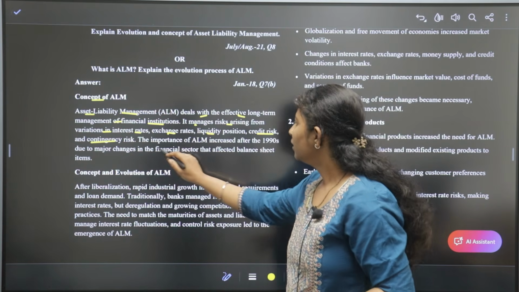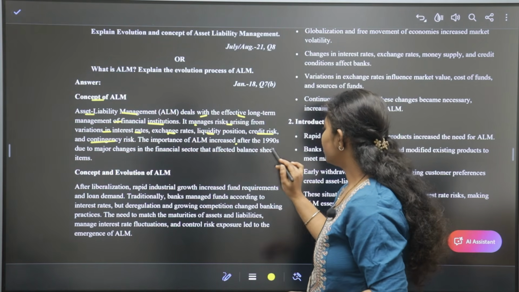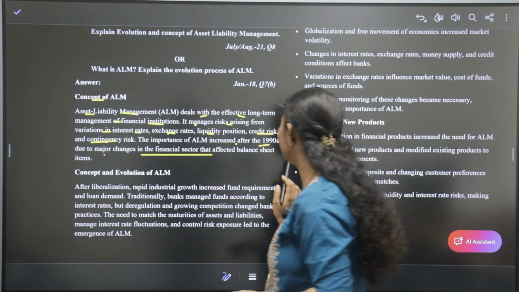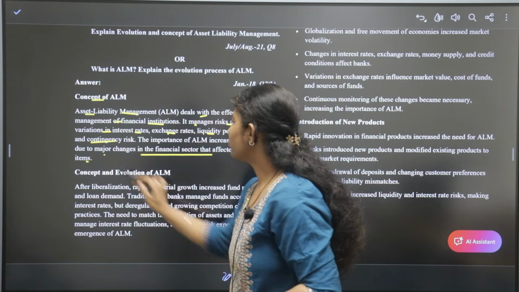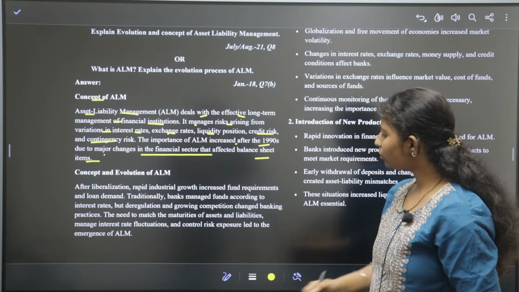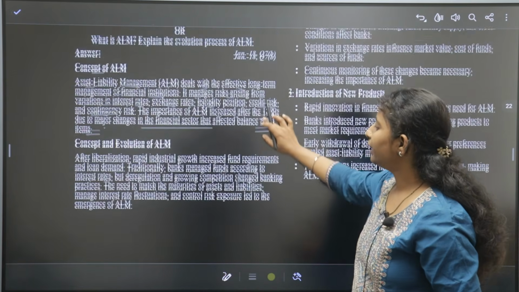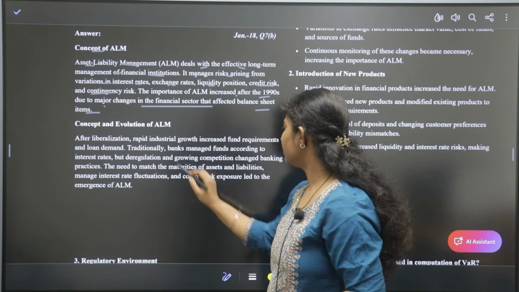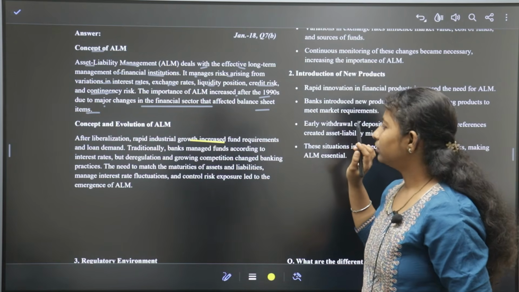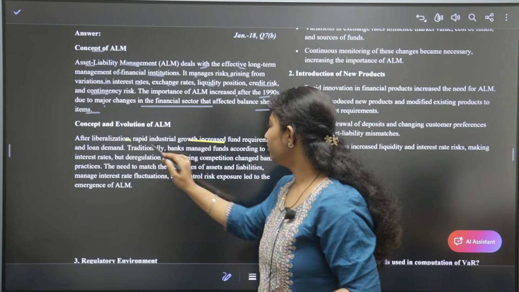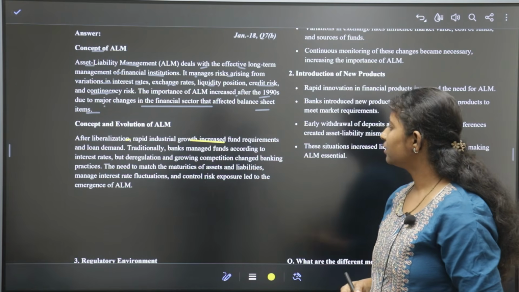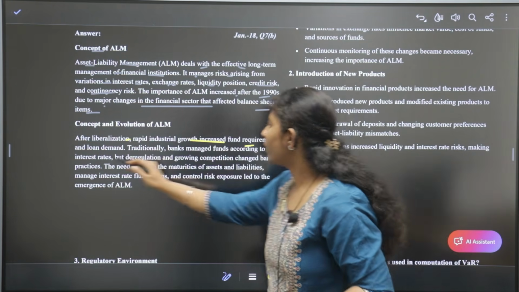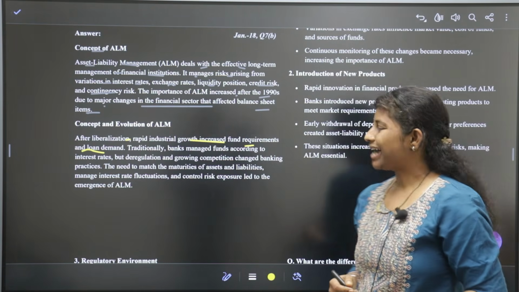The importance of ALM increased after the 1990s, because there was a change in balance sheet items. Now the concept and evolution of ALM: after liberalization, industrial growth increased rapidly. We got the freedom to set up industries and businesses, so there was growth in industries, and fund requirements and loan demand started.